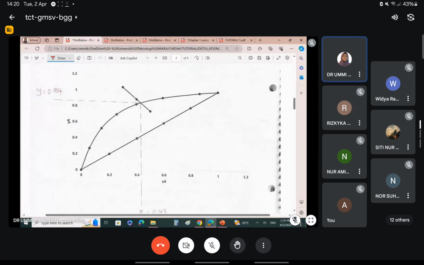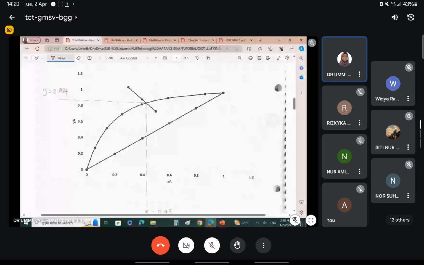So when you plot, you will get a diagram like this. This is pentane, heptane. This is the 45 degree line. This is the equilibrium data.